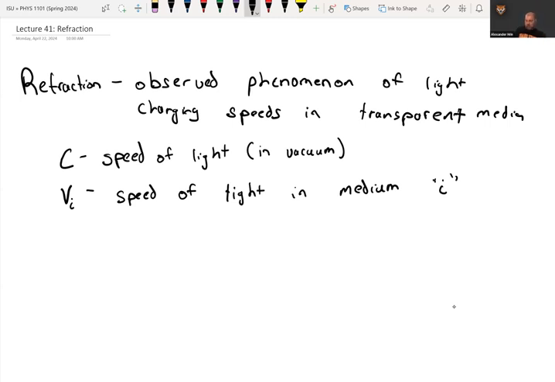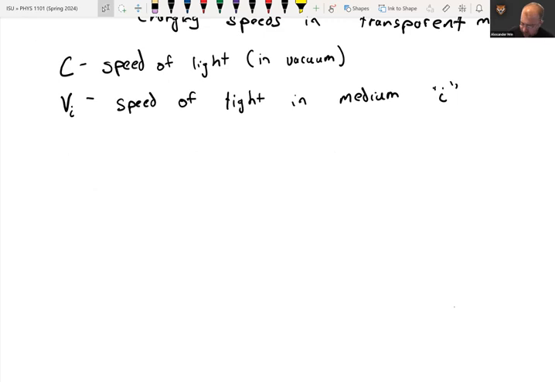But what I want to start with is some of the observed phenomenon. I'm going to do this with a beam of light, but it turns out this works with solid objects too, because the light you're seeing bounce off of them is subject to the same effects as a beam of light. This is something you can observe.